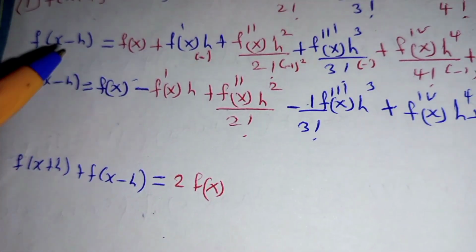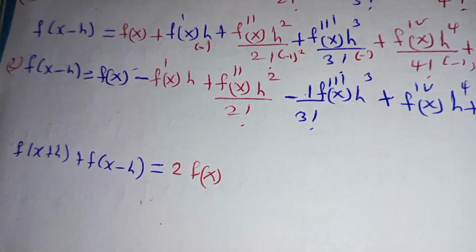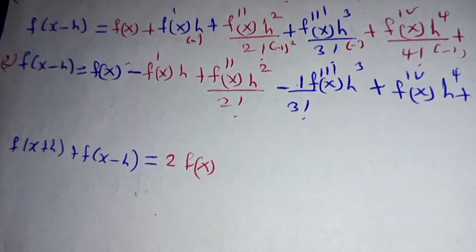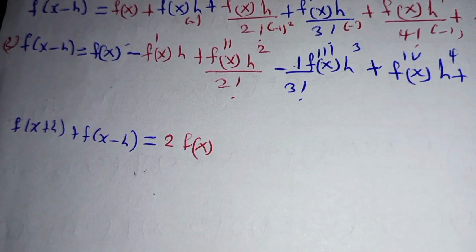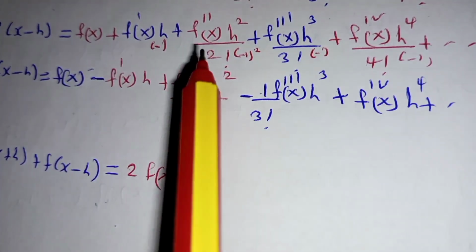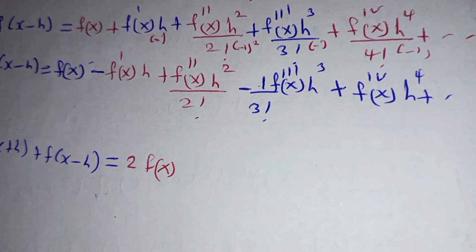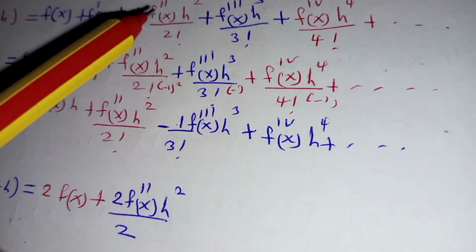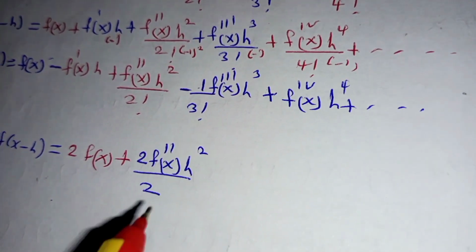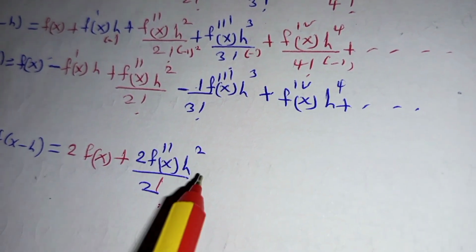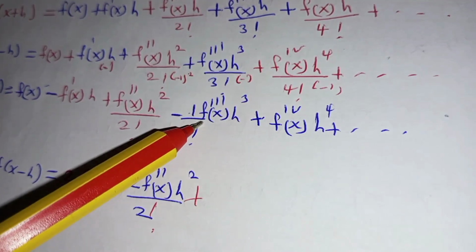Then the first derivative, when we add, will cancel to 0. Then the second derivative will be twice, so we shall have twice the second derivative over 2 factorial, plus the third one, positive and negative, will be 0.